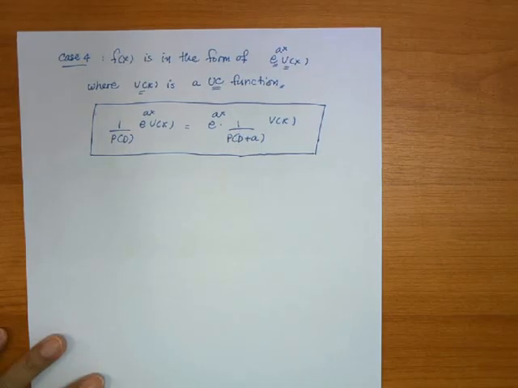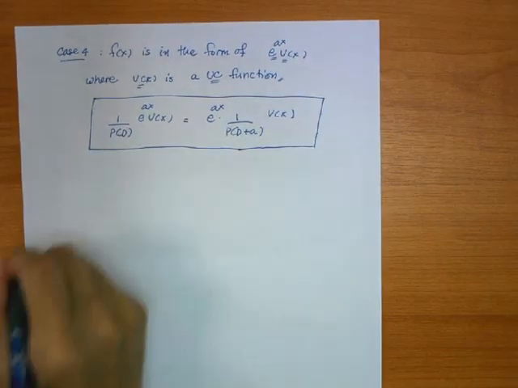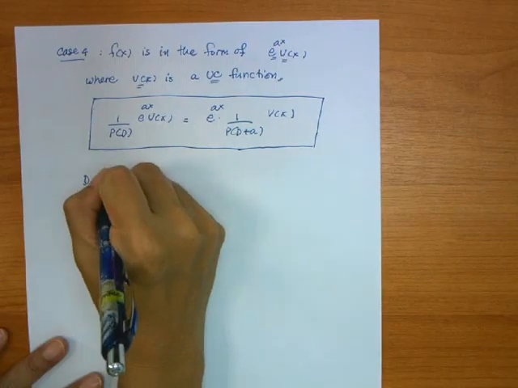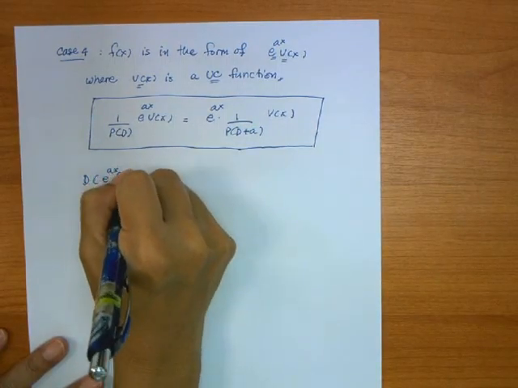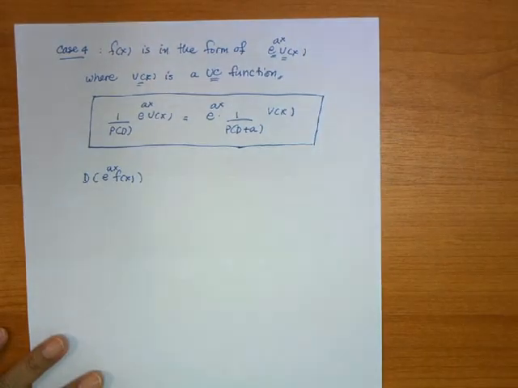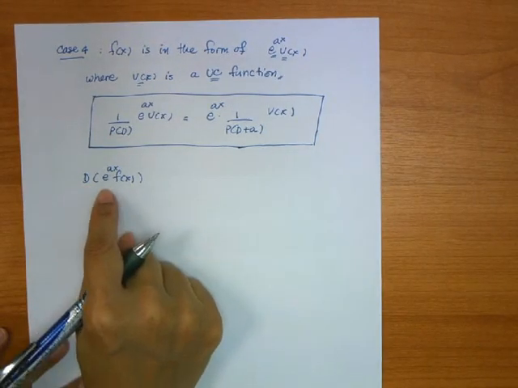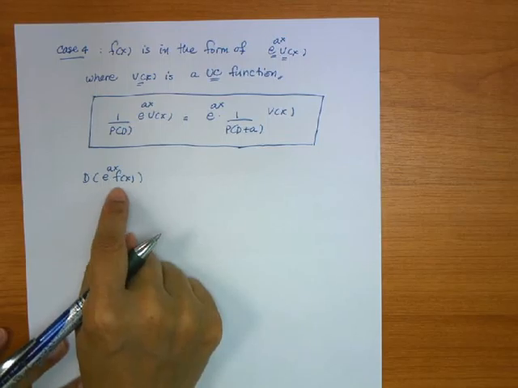Let me prove it. So if we have the exponential of ax times v(x), this one is the first derivative of exponential of ax times v(x).